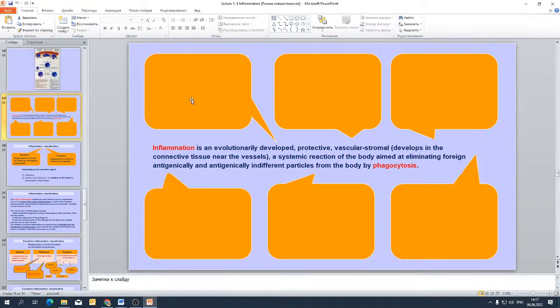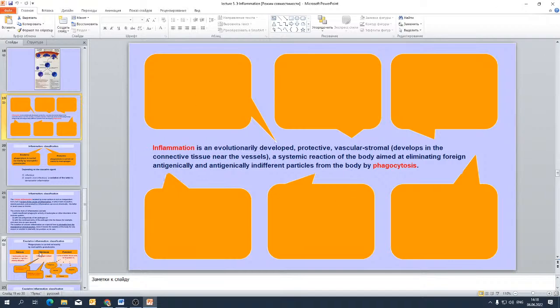What is inflammation in an evolutionarily developed sense? If we discuss evolution, during evolution different changes formed and the system of the organism improved.